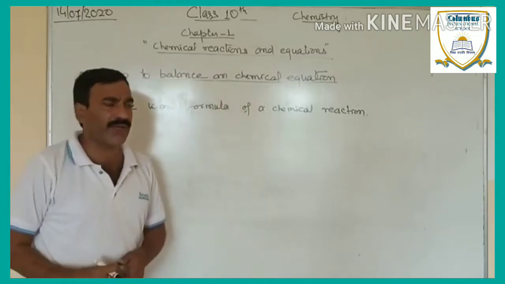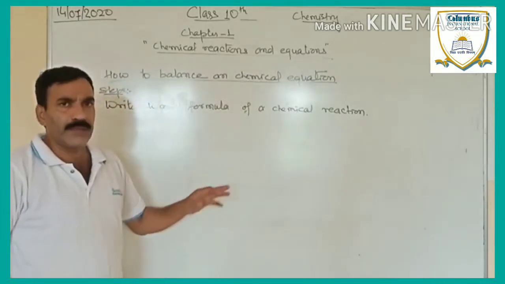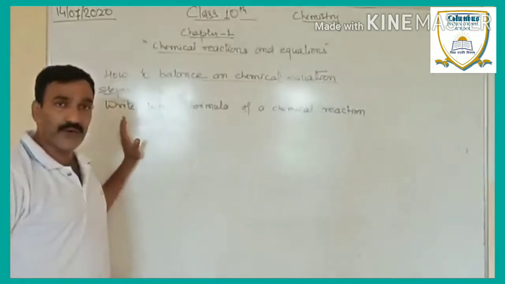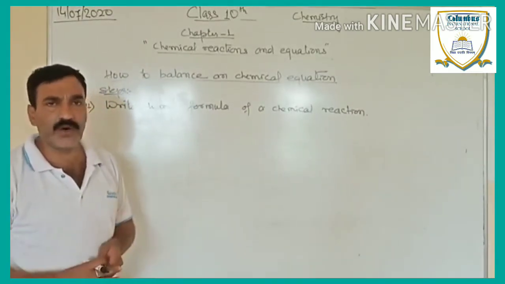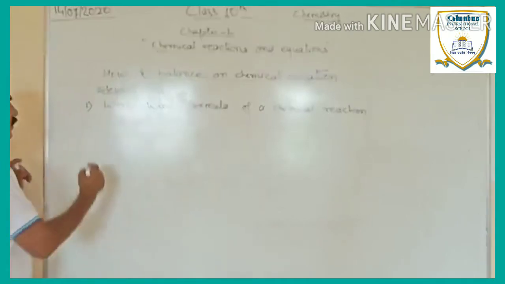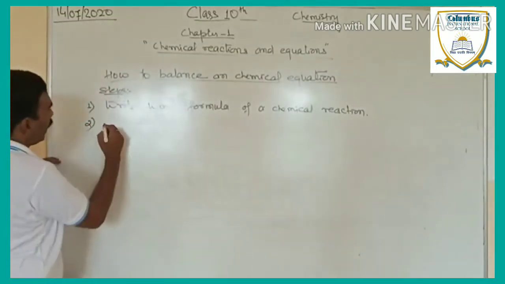I have already told you in the last class what a word formula is, but don't panic. Let me write down the points first, and then I will explain them one by one, step by step. Second is to write the symbols and formula of reactants and products.